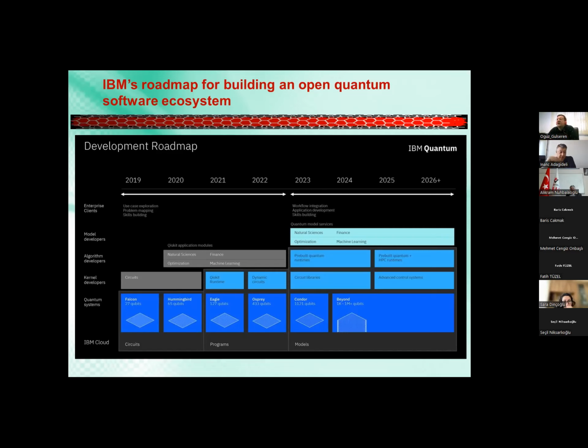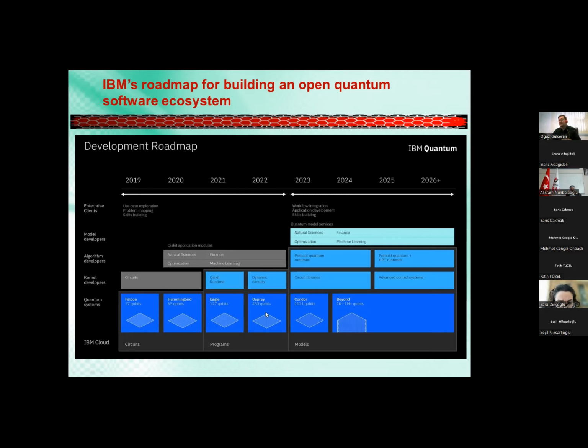So I'll start from this roadmap. I just borrowed this from the IBM webpage. And actually, there is a video on YouTube where this is described in detail. As you see, for example, if you look at 2022, we are here. IBM already achieved, and the progress is actually quite fast.